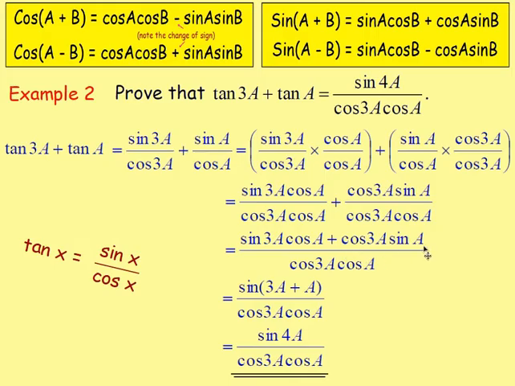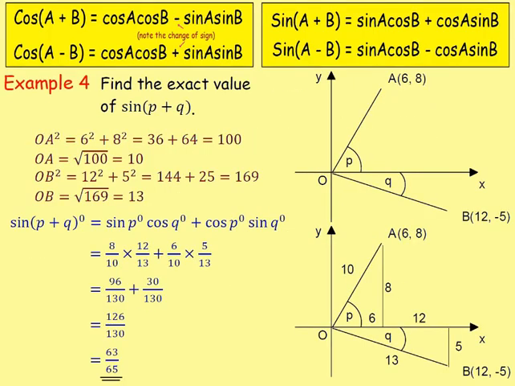Because we've got sine, cos, sine, which one would we use? We know it's going to be sine A plus or minus. And because we've got a plus in the middle, it's going to be a plus when we put it back into sine A plus B. A and B were the 3A and the A. Work that out, and we again get down to the desired result.